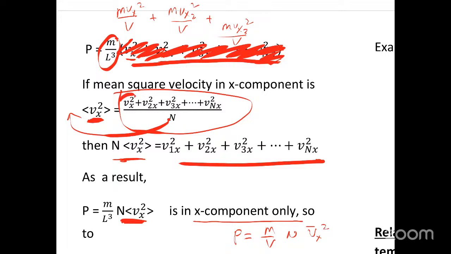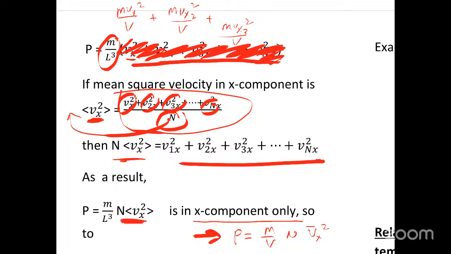It's called mean square, and I said that about 5 minutes ago. So this is for n particles in one direction.